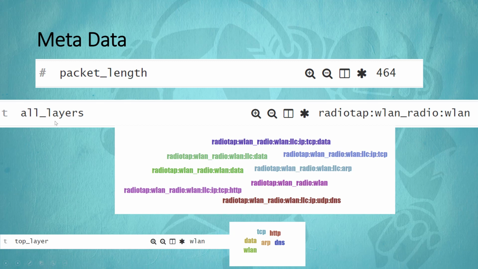Now, apart from this meta field, we also have just the top layer, which is the topmost layer taken out of the all layers field, and which could have values like WLAN just data, in which case we aren't able to detect what kind of data packet this is using Wireshark's engine, or TCP, HTTP, ARP, DNS, etc.